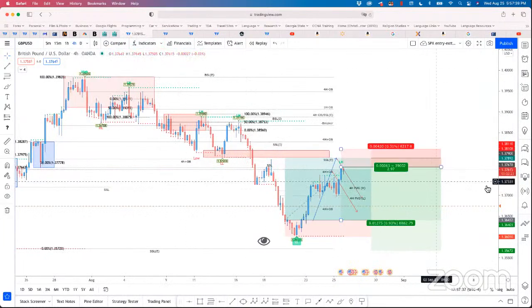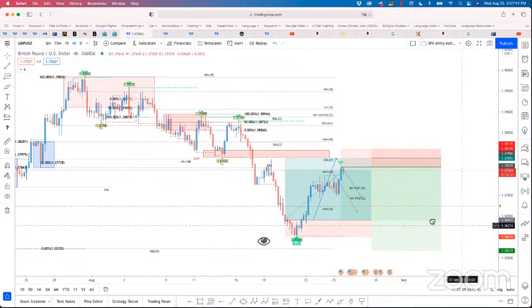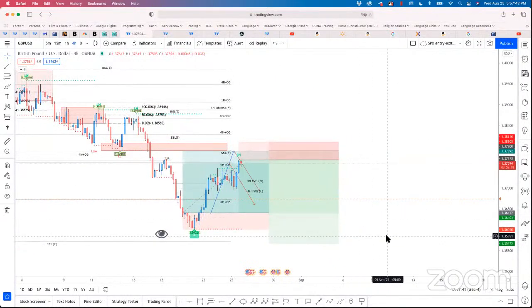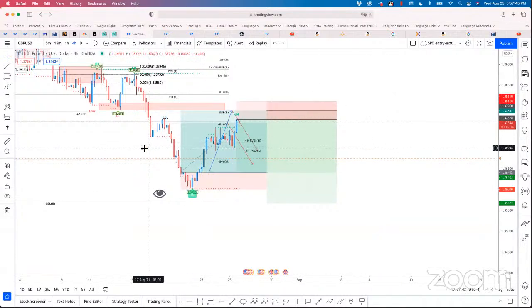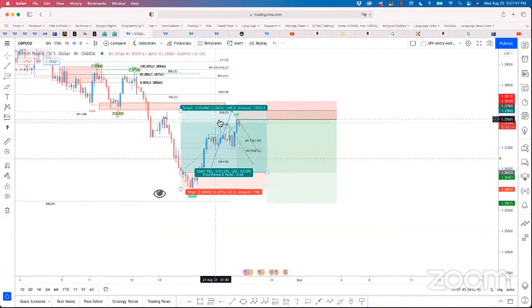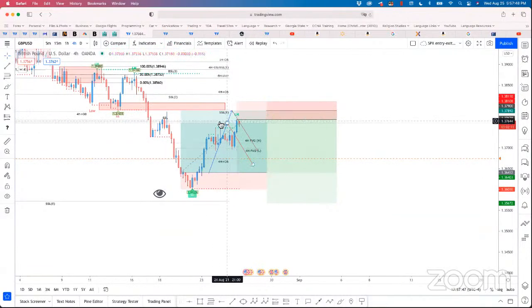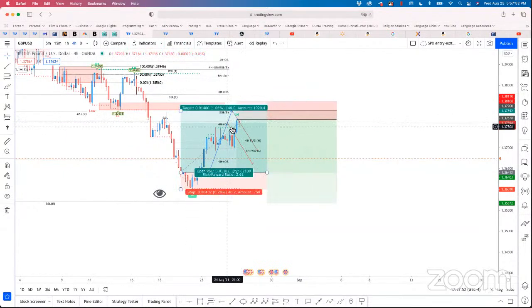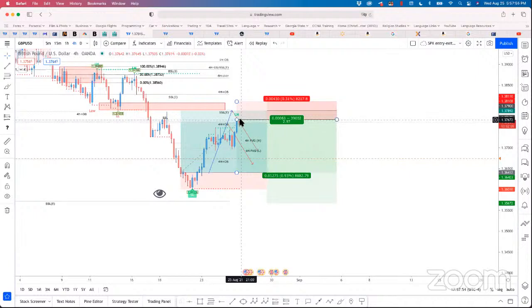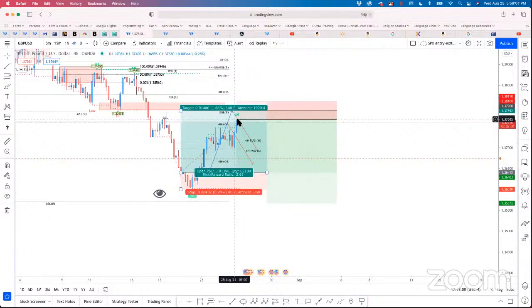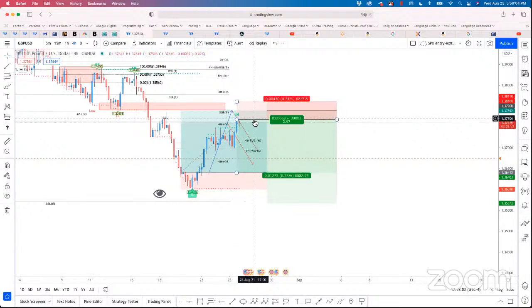Khalil asked me about this GU trade. So this GU setup, I was looking for price to trade to this order block over here and reject. It just got to it. I used the pending order, so this got me pulled in over here on this trade.